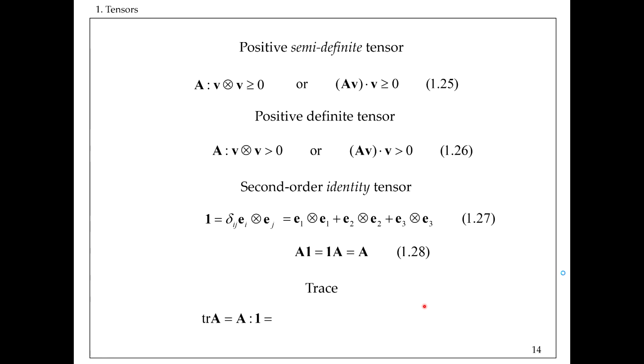We can define it as a double contraction of the identity matrix acting on A. So it's projecting on I, right? And then the result of that will be that we'll have this A ij, and then you can look into what we have written before.